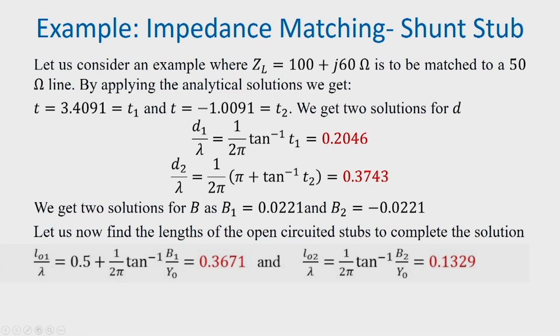Here you note that LO2 by lambda we are calculating. So, this becomes 0.5 plus 1 by 2 pi tan inverse B2 by Y naught, which comes out to be 0.1329. Now, these are the two locations of the stubs and the corresponding open circuited stub length can be used to complete the design.